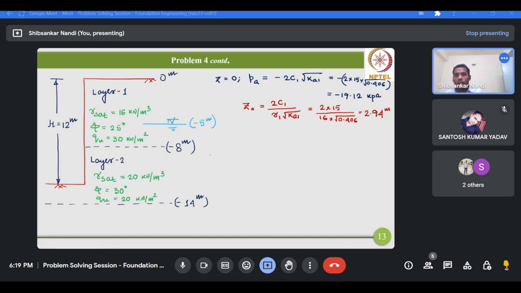Okay. Now we'll move on to the water table location, that means Z equals to 5 meter. What will be the PA value at Z equals to 5 meter?